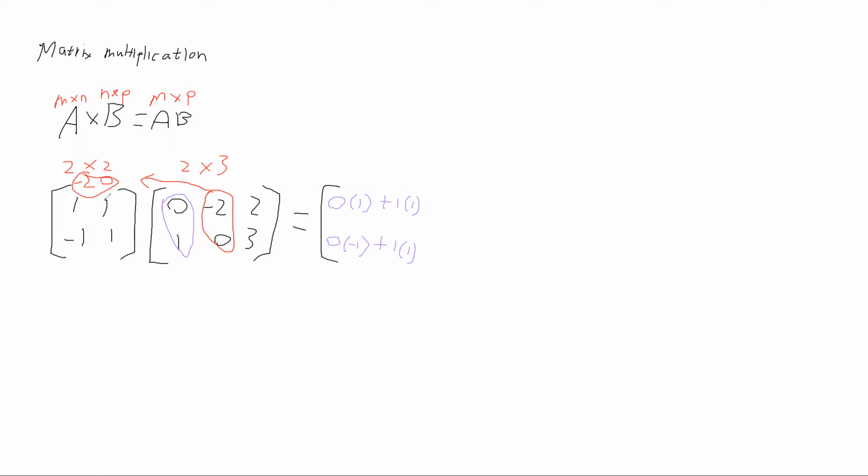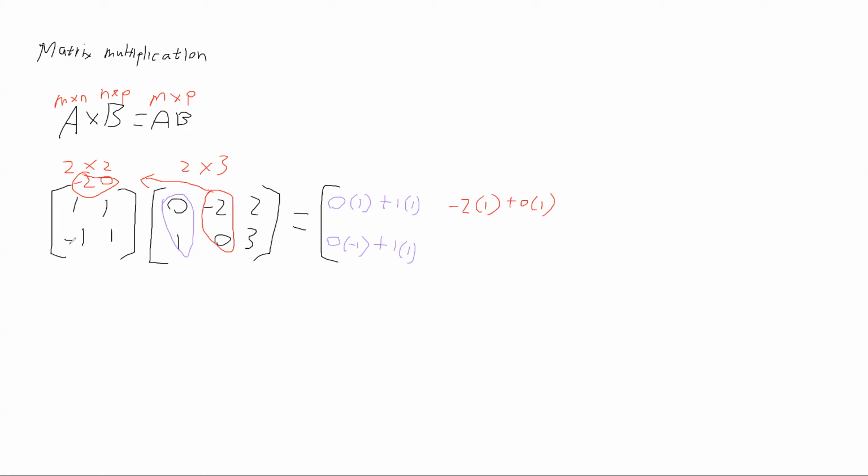For row 1, column 2, that'll give you negative 2 times 1 plus 0 times 1. And that will be here, the first row, second column entry.